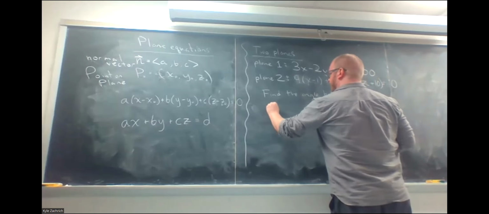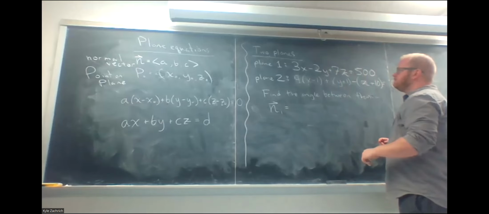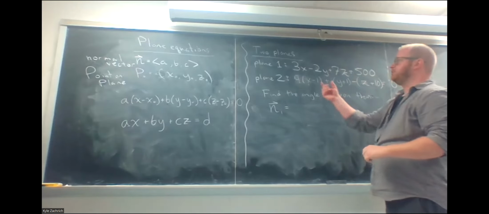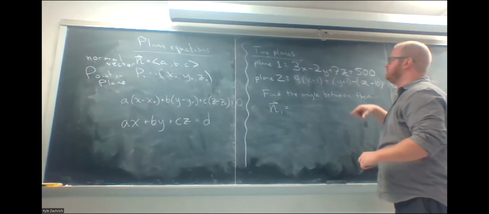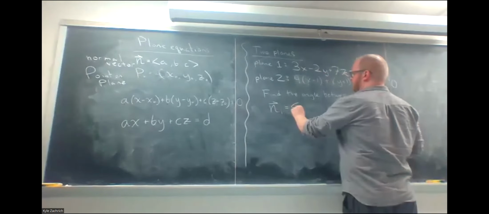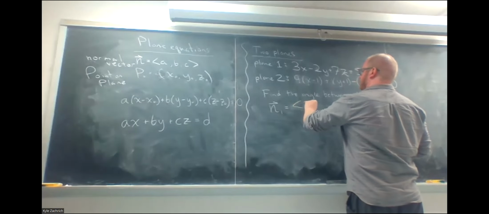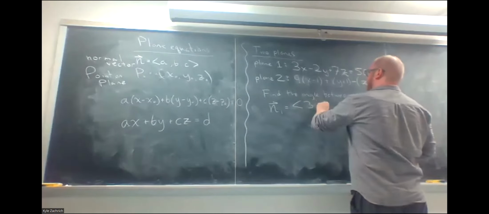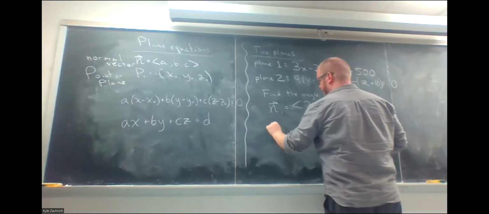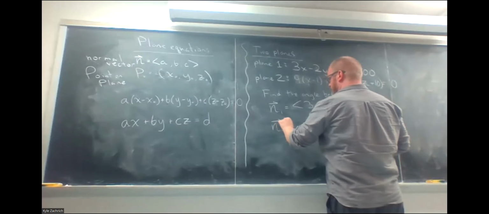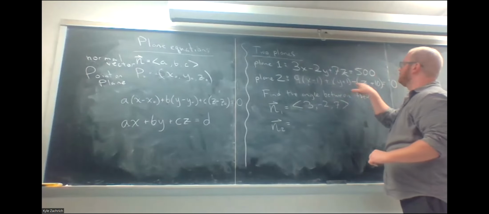My first normal vector, I can just look at the numbers out in front of X, Y, and Z and say that my normal vector for plane 1 is going to be 3, -2, 7. My normal vector for the second one is going to be these numbers out in front.